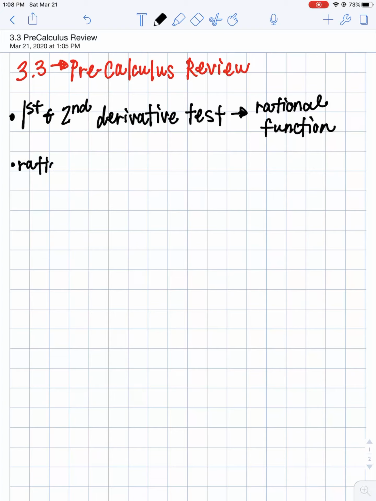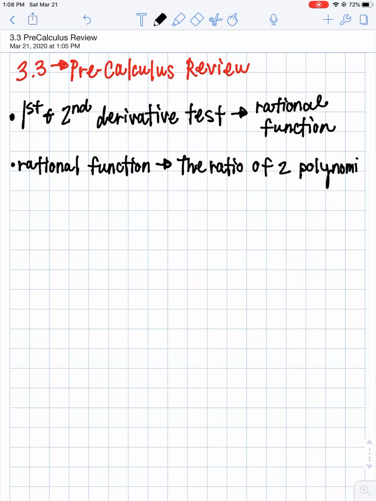But anyways, I should first off give you the definition of a rational function. A rational function, the definition technically, is the ratio of two polynomial functions, okay?